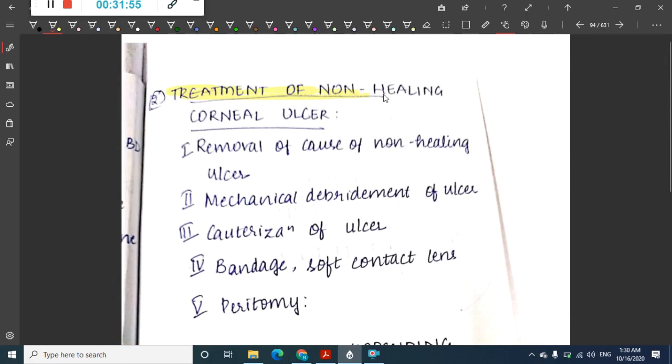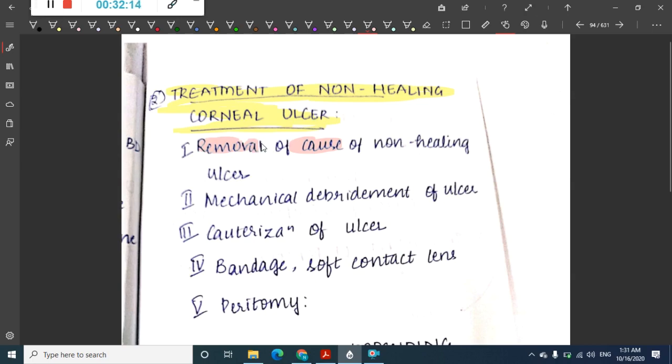Now the treatment of non-healing corneal ulcer. In this, first and foremost you will have to remove the cause. If there is any non-healing corneal ulcer, you should see why it is there and try to remove the cause.